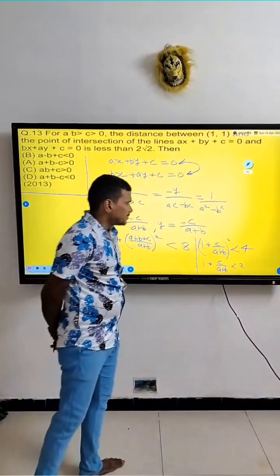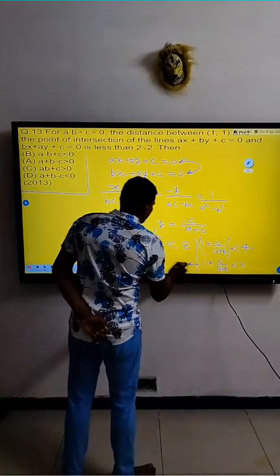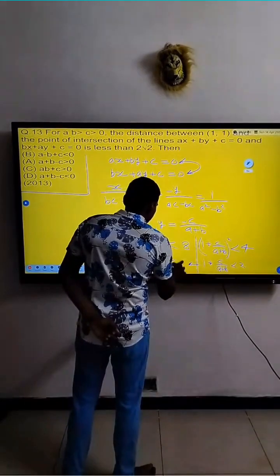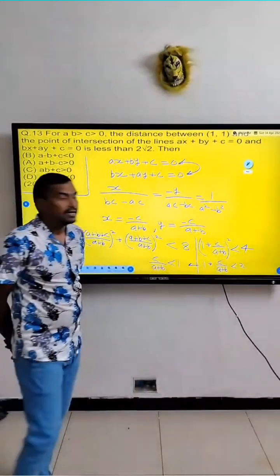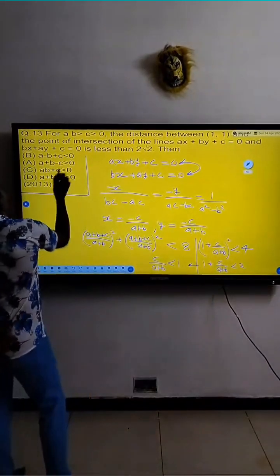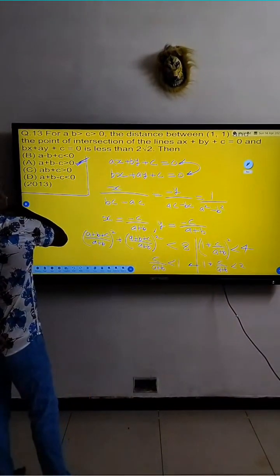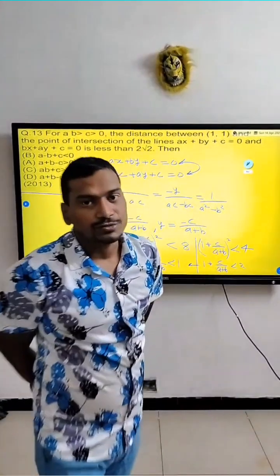Simplify: C upon A plus B must be lesser than 1. That is, A plus B minus C must be greater than 0. This will be your correct option: A + B - C > 0.